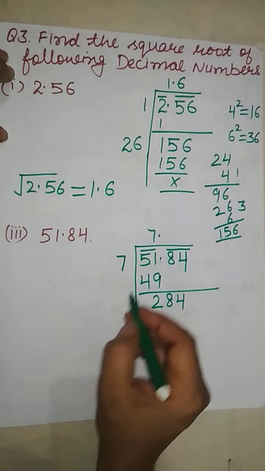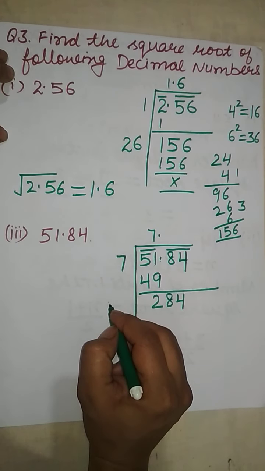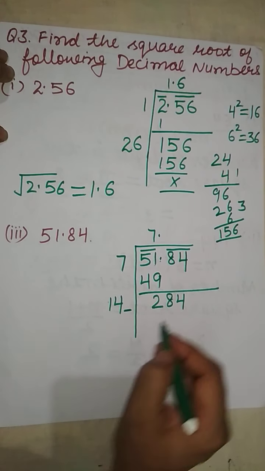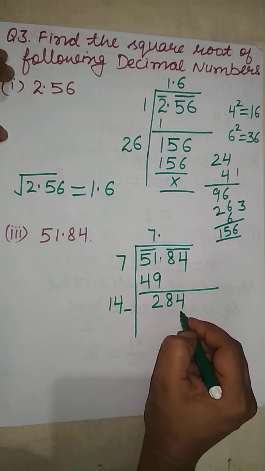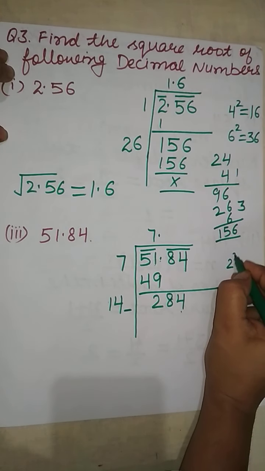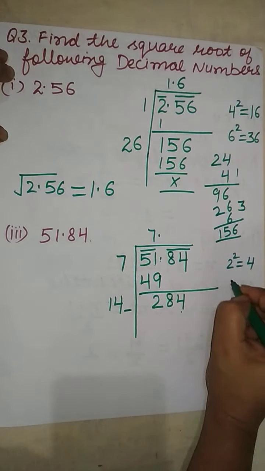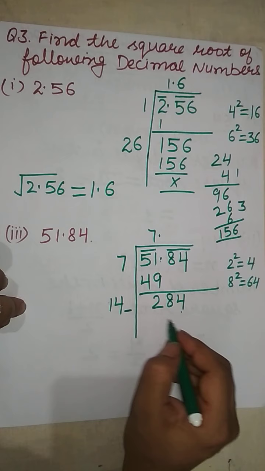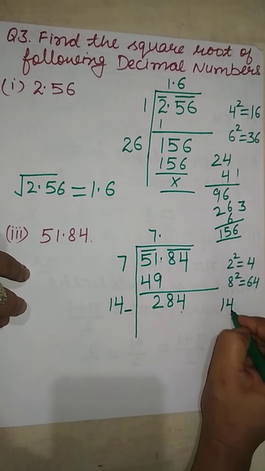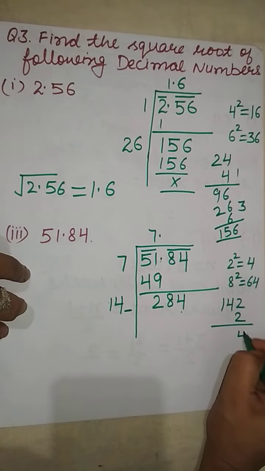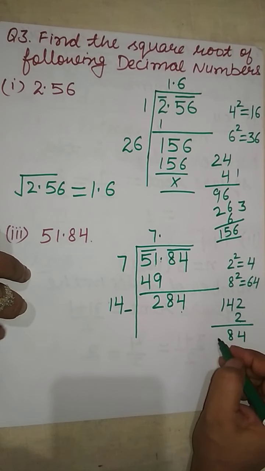Now 7 plus 7 is 14. Now I have to find out this digit. I have two options whose unit digit is 4. That is, the square of 2 will have the unit digit 4 and the square of 8 will have the unit digit 4. So I can put either 2 here or 8 here. I'll see 2 2s are 4, 4 2s are 8, 2 1s are 2.